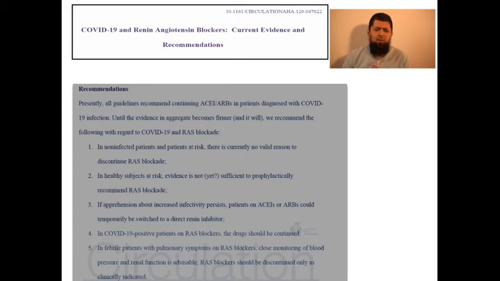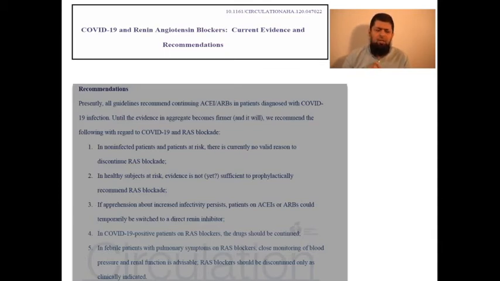We recommend the following with regard to COVID-19 and RAS blockade. In non-infected patients and patients at risk, there is currently no valid reason to discontinue RAS blockade. In healthy subjects at risk, evidence is not yet sufficient to prophylactically recommend RAS blockade. If apprehension about increased infectivity persists, patients on ACE inhibitors or ARBs could temporarily be switched to a direct renin inhibitor.